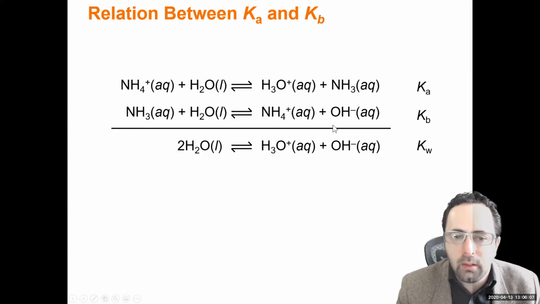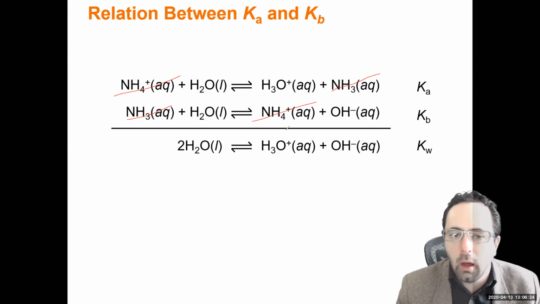And if we add these two reactions together, what we will see is that ammonia here is on this side, and it's also on this side, so it would cancel. And ammonium is on this side, and ammonium ion is on this side.